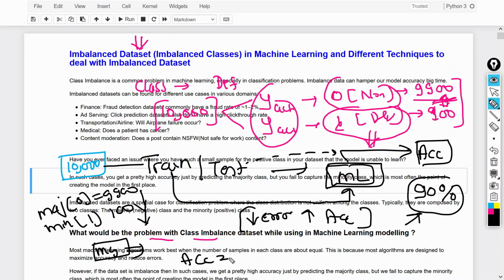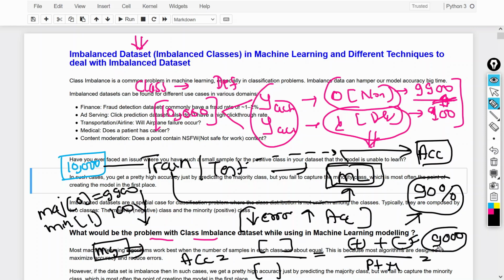Accuracy means correctly classified classes, both positive and negative, and the negative ones will mostly be correctly classified. So we can say 9,000 or more are correctly classified, plus the positive classes. Positive classes are very few, so they might not be correctly classified. Say out of 100 I got only 10 correctly classified, out of 10,000. This way we get accuracy of more than 90%. So if we use this model, we will say my model is performing well.